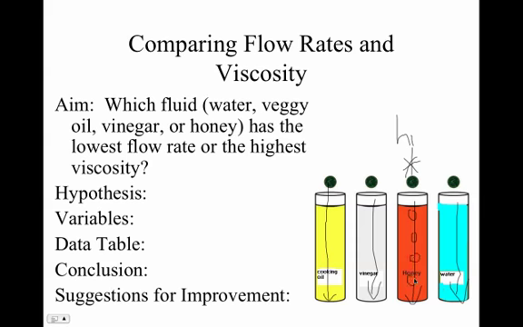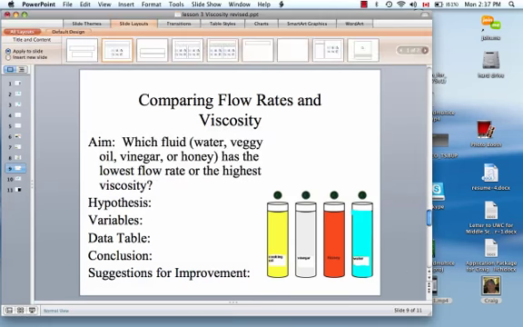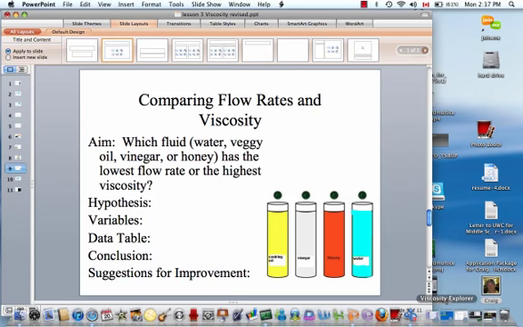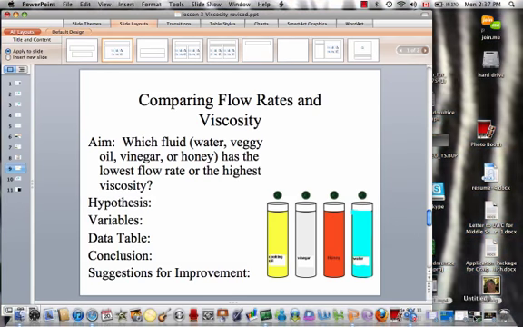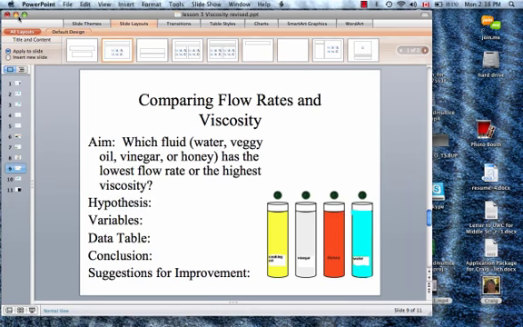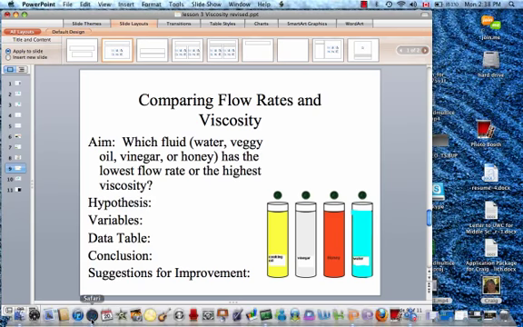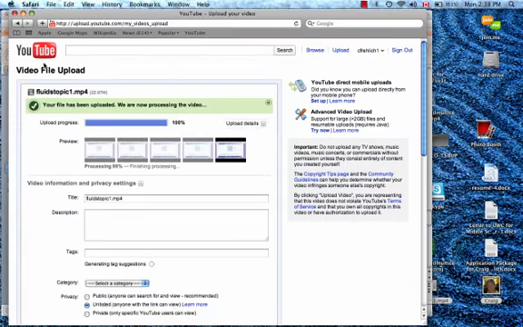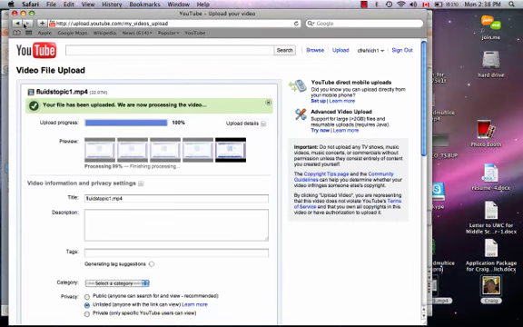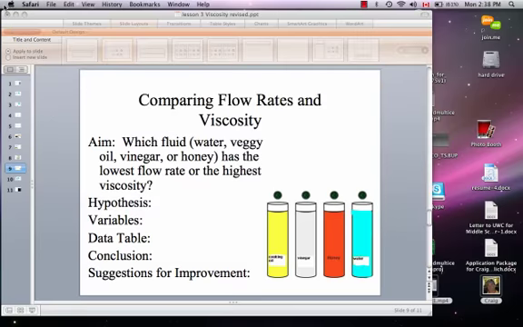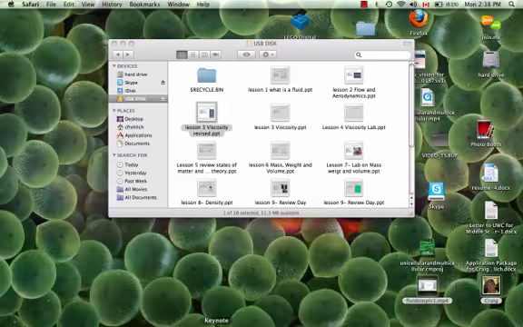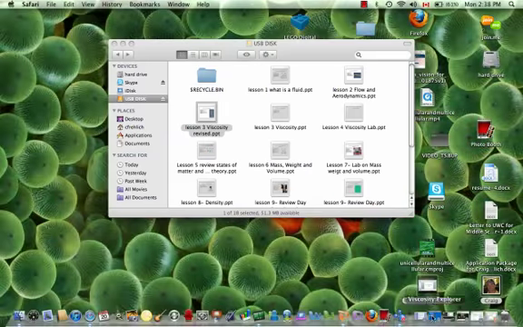Let's look at another clip to also look at how temperature and viscosity are related. Temperature and viscosity. Where's my YouTube clip?